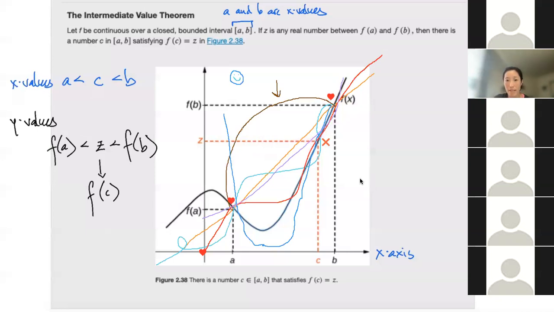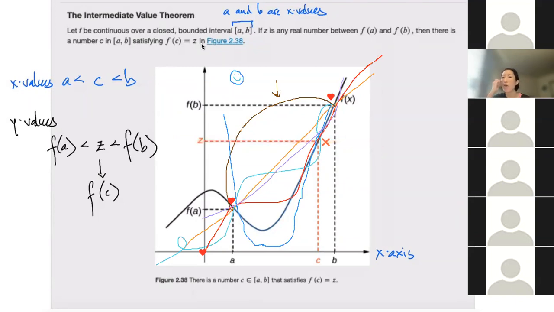Every single line that we've drawn here, does every curve have this y value at some point? And I would say yes, right? Every single curve that you folks drew goes through that y value, okay?